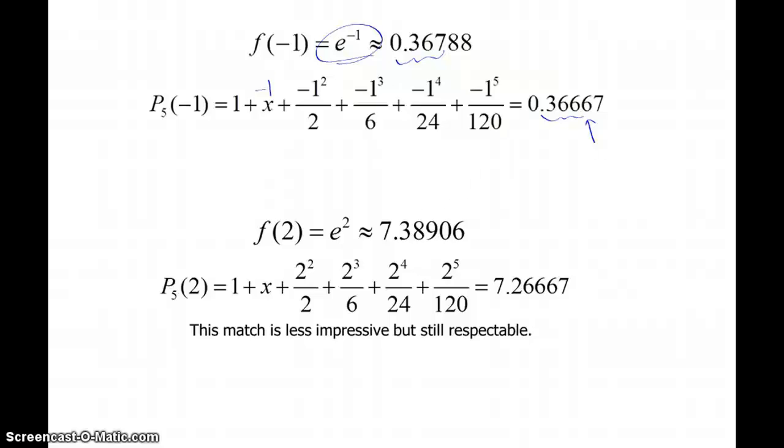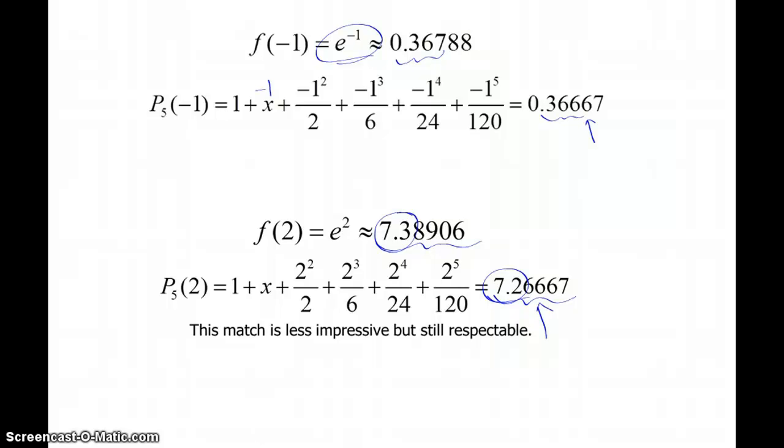All right? Now, let's say p sub 5 of 2. That's e squared. Here it is with 5 decimal places shown, f of 2. P sub 5 of 2 is not a great match, not super impressive, but if we were talking ballpark, it's accurate after rounding to within 1/10.